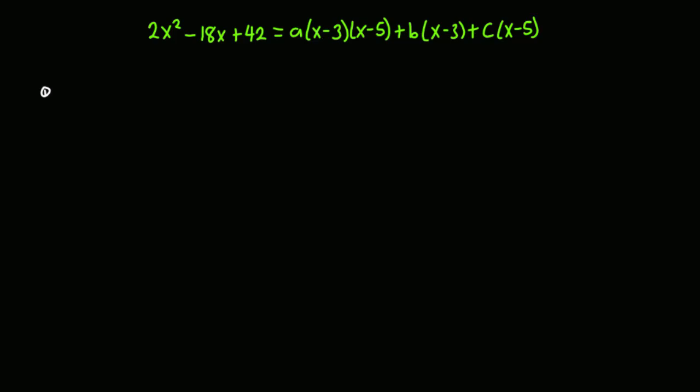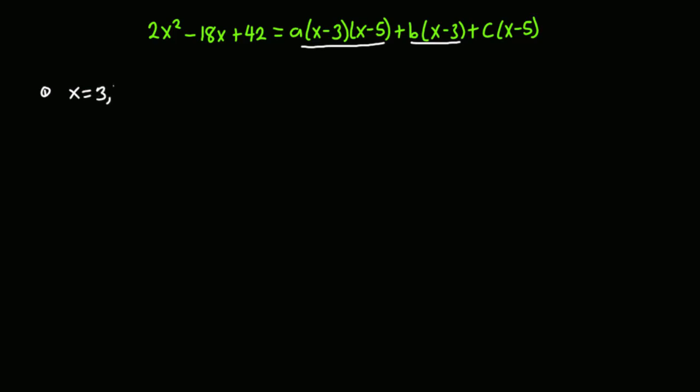And you agree with me that the number is 3, because 3 minus 3 is 0, and 0 times a will be 0, so this whole thing will be 0 and this will also be 0. So let x be equal to 3.